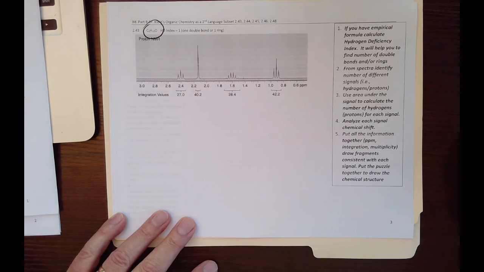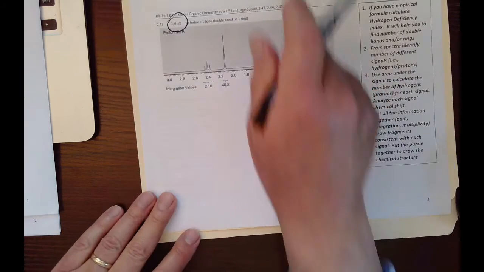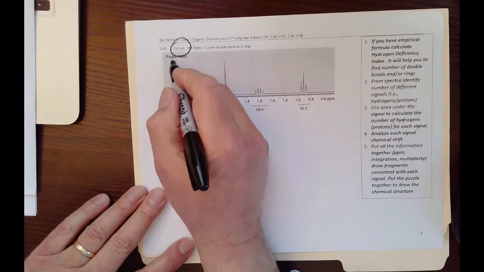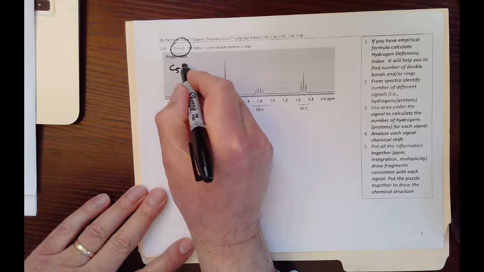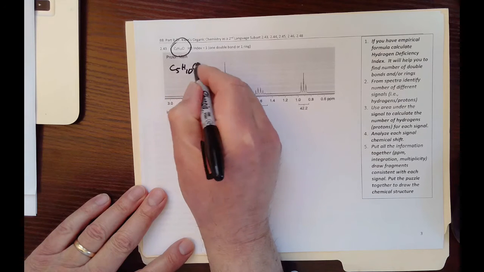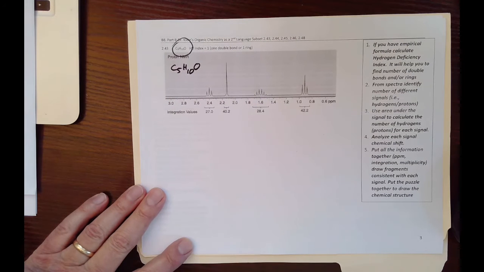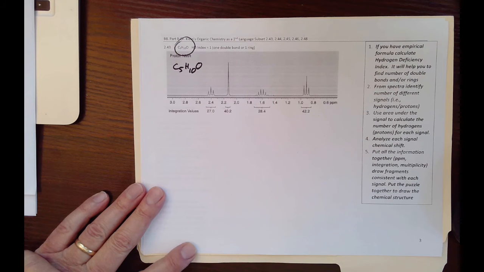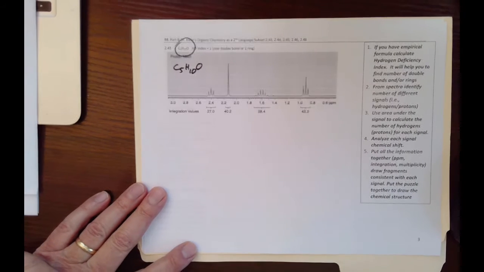C5, it's hard to read, but I'll just move my paper a little bit here. So it's C5H10O. So the first thing we really need to find is the hydrogen deficiency. Remember the hydrogen deficiency? It is telling us, do we have a double bond or maybe a ring?